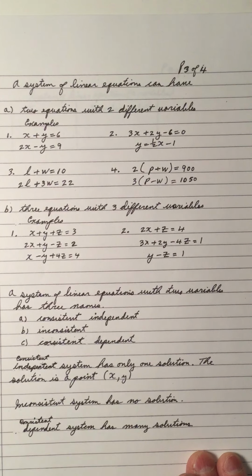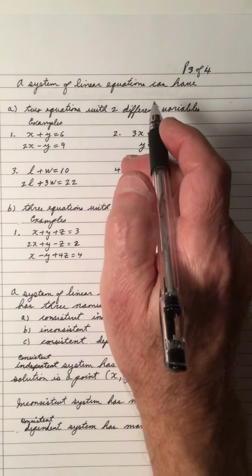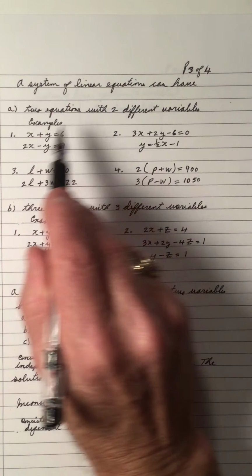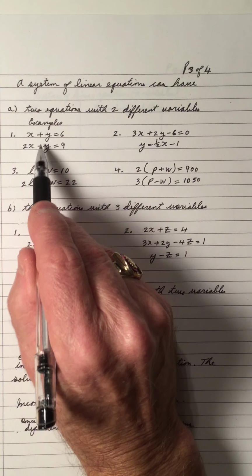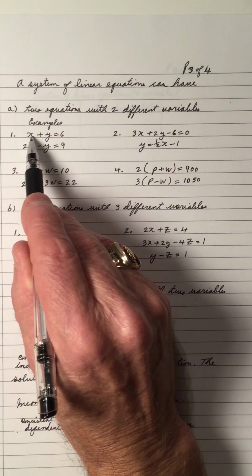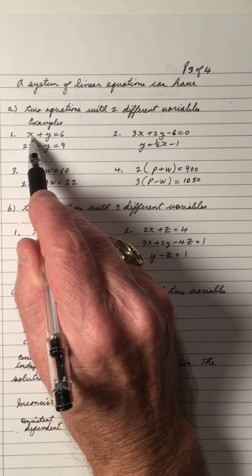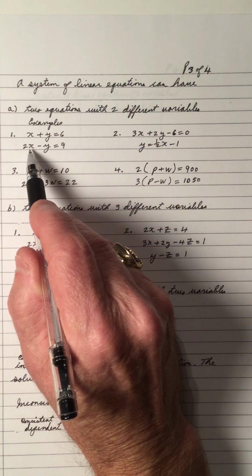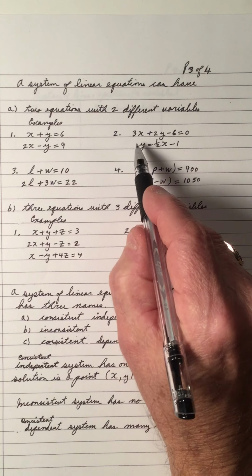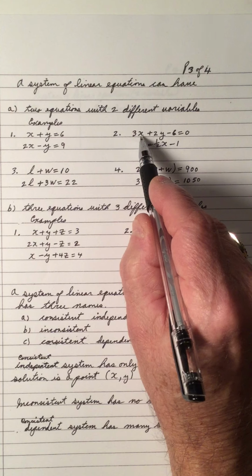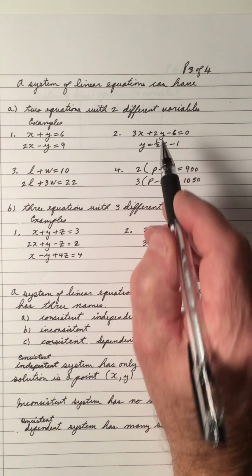A system of linear equations can have two equations with two different variables. So here are two different equations with two different variables, x and y: one equation, second equation, with x and y in the first one, x and y in the second one. And the same here. You have two equations, and you have x and y variables in each one.